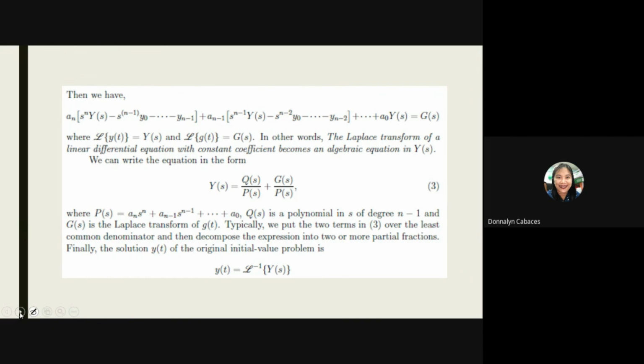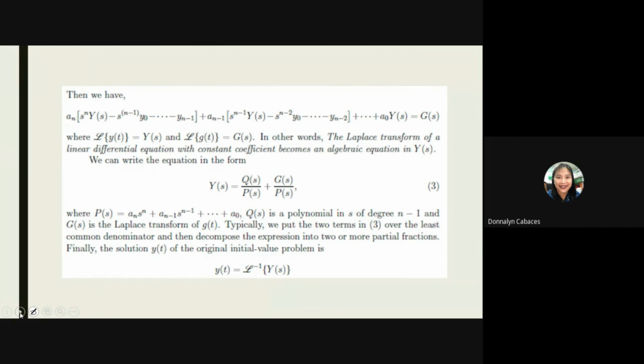And we can write that in equation form: Y of s is equal to Q of s over P of s plus G of s over P of s, where your P of s is a sub n s to the n plus a sub n minus 1 s to the n minus 1 plus up to a sub 0. And Q of s is a polynomial in s of degree n minus 1, and G of s is the Laplace transform of g of t.